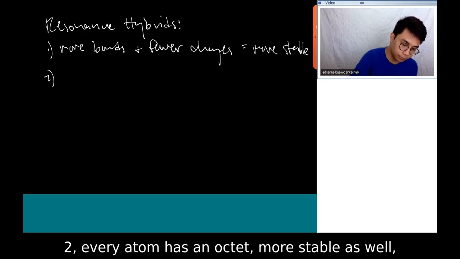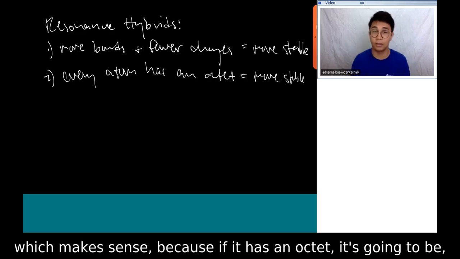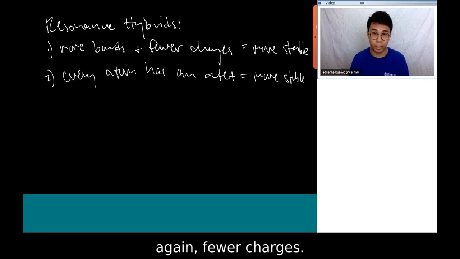Two, every atom has an octet, more stable as well, which makes sense because if it has an octet, it's going to be, again, fewer charges, right?